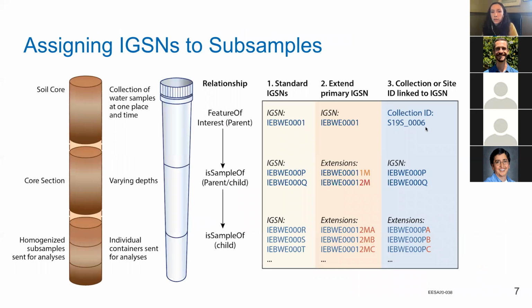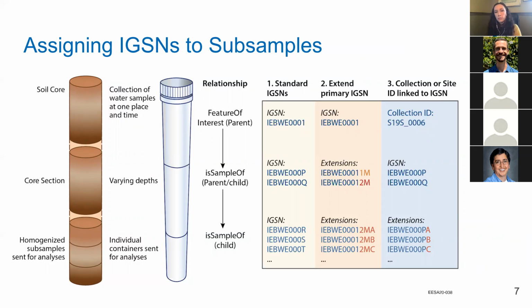There was uncertainty among those who participated about how to allocate IGSNs in certain scenarios. And one of those was whether to assign a new identifier to subsamples or individual containers sent out for separate analyses. So part of this includes a consideration of the efficiency of registering potentially hundreds of samples that involved a lot of subsampling and replicates.